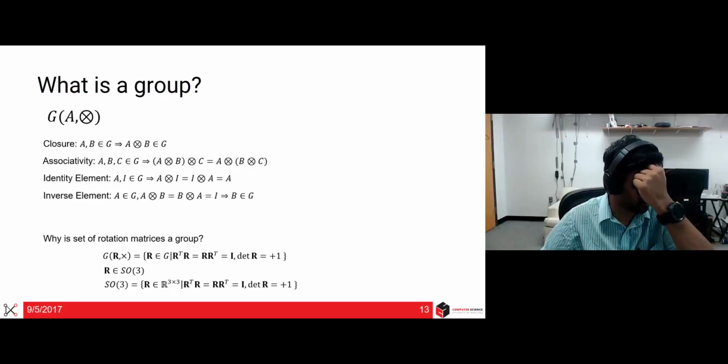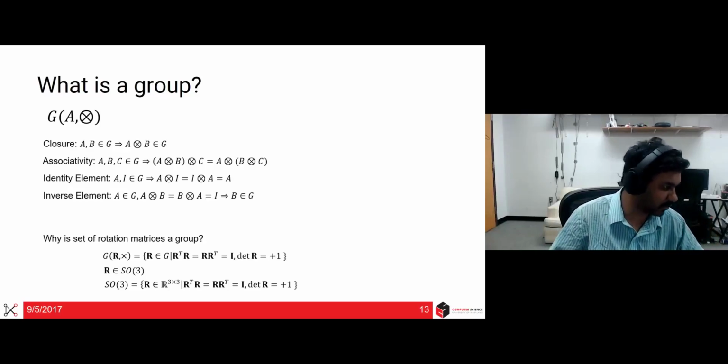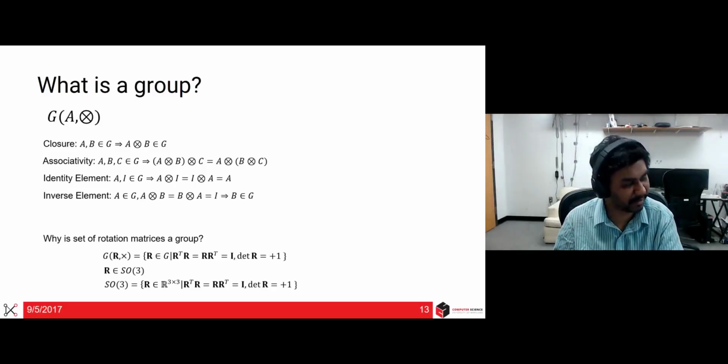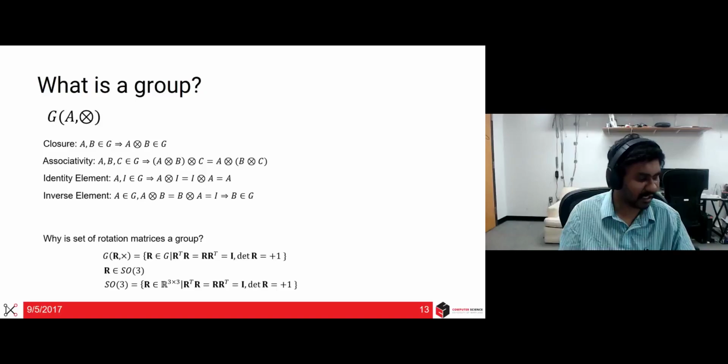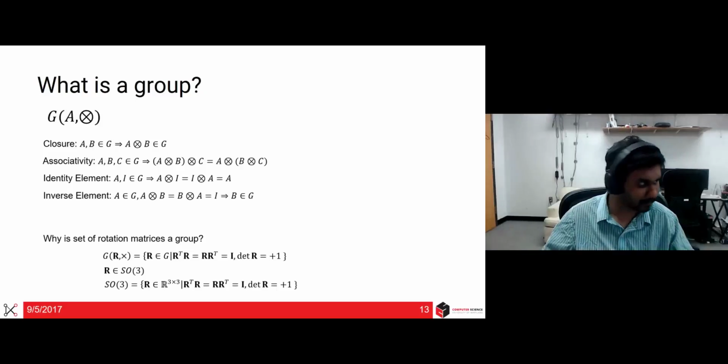And more formally in math, this is also called SO3. So why is this called SO3? It refers to special orthogonal of order 3. Order 3 because it's a 3 by 3 rotation matrix, all real number space. Orthogonal because each of the columns are orthogonal to each other. Special because the determinant is enforced to be plus 1, assuming that it's a right-handed coordinate system with anti-clockwise rotations.